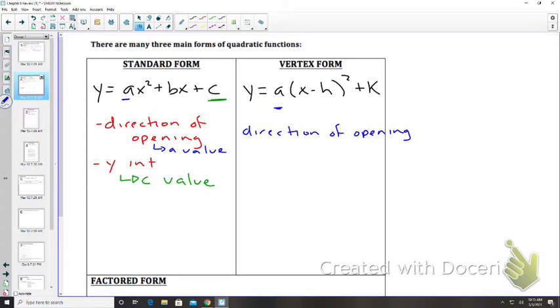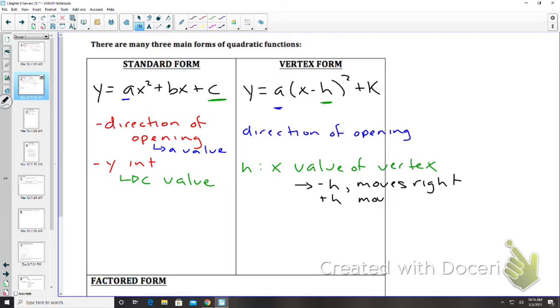What else do we know from vertex form? H is the X value of the vertex. If it's a negative H, it's a positive X value, so it moves right. Positive H moves left.